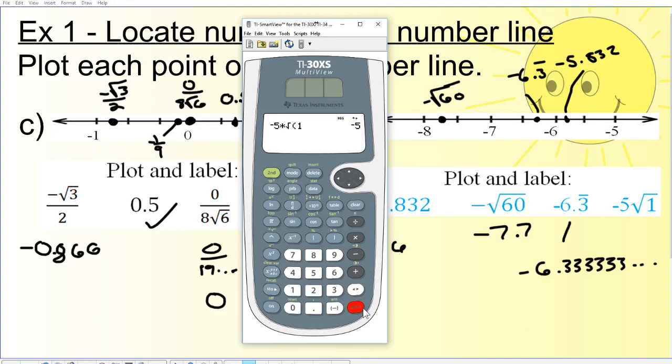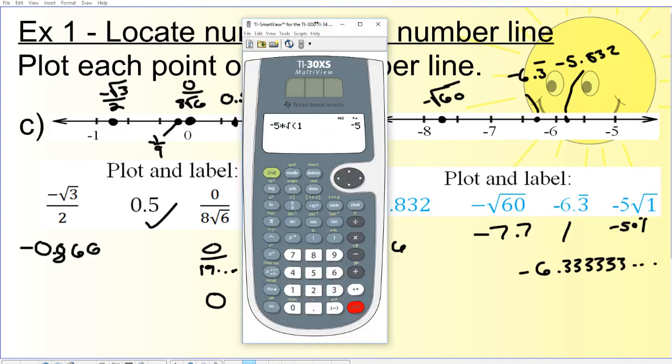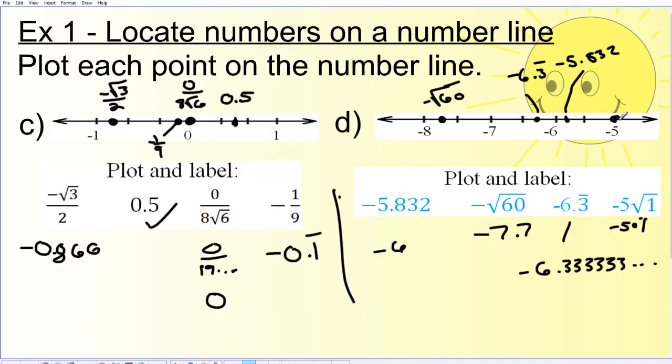Since the square root of 1 is just 1, take that times negative 5, and you see what we got. Negative 5. So right here is the negative 5 times the square root of 1. It's just exactly negative 5.